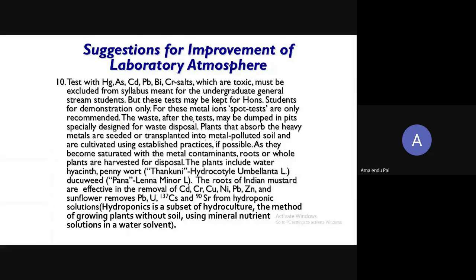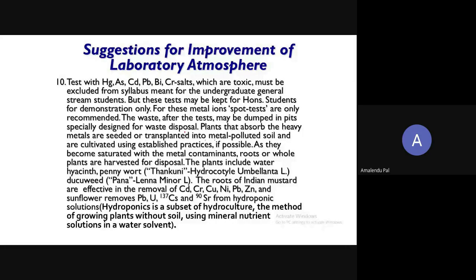The waste after the test: what do we do? If we have mercury or arsenic, we don't throw it into the open air. The waste after the test may be dumped in pits specially designed for waste disposal.